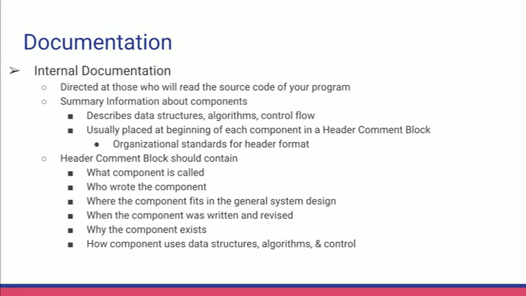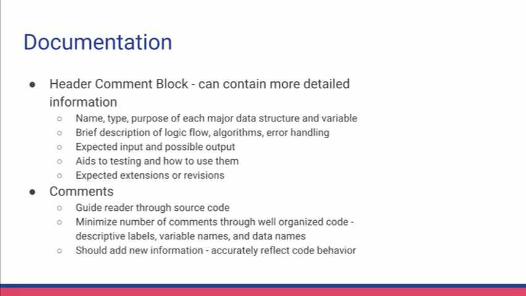A header comment block should contain things like what a component is called, who wrote the component, where the component fits into the system, when the component was written and revised, why the component exists, and how it uses its data structures, algorithms, and control. It can also contain more detailed information, such as input and output, aids to testing, future revisions or extensions, and names of major variables and data structures.